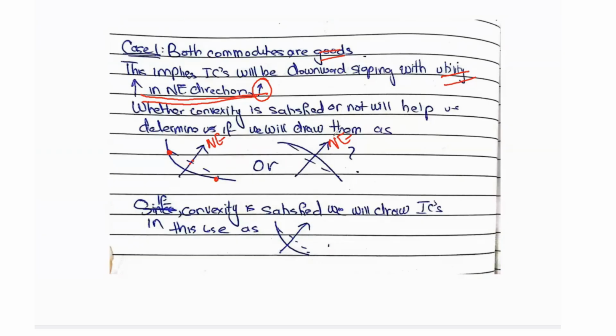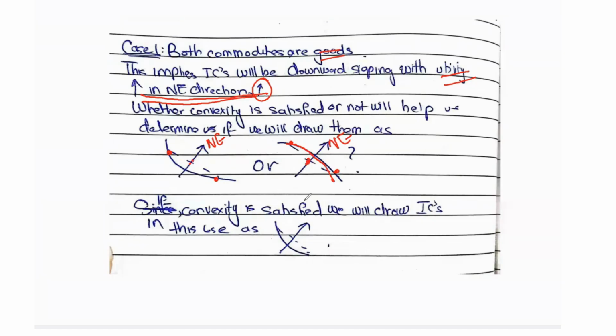If I had plotted them like this, for any two indifferent bundles, this line represents the weighted averages or convex combinations. In this case, because utility is increasing in the northeast direction, the indifferent bundles are actually preferred to the weighted average.